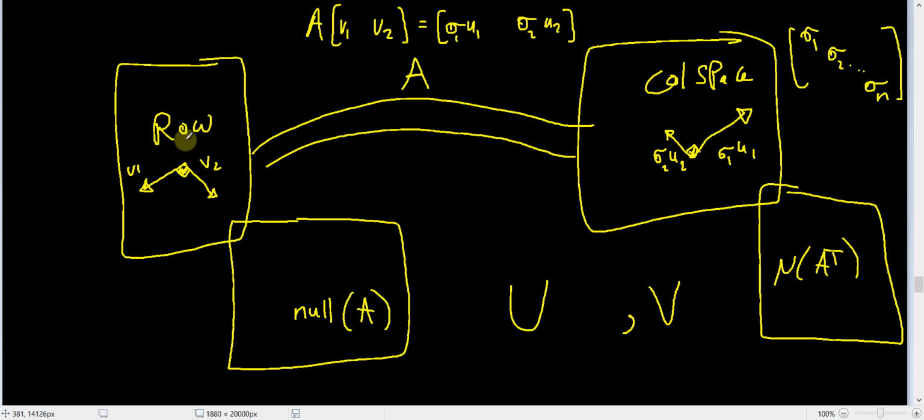Remember that multiplying by a matrix in general does not preserve the angles. So if you get any two perpendicular vectors in the row space, let's say y1 and y2, then if you multiply those by the same matrix A, there is no guarantee that you will get two perpendicular vectors in the column space. You might get this and this, for example.